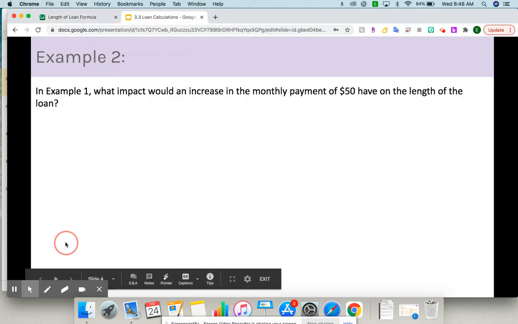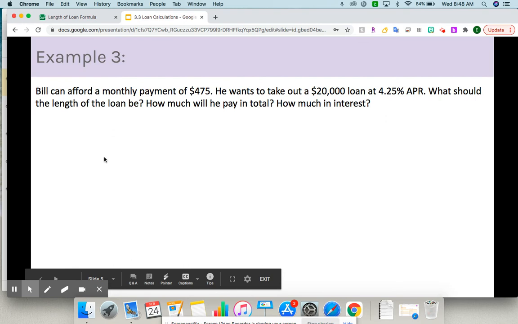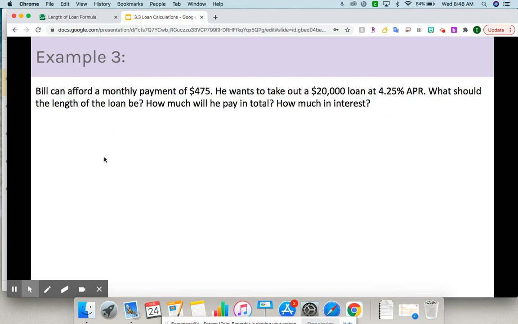And lastly, example 3, Bill can afford a monthly payment of $475. He wants to take out a $20,000 loan at 4.25% APR. What should the length of his loan be? How much will he pay in total, and how much in interest?